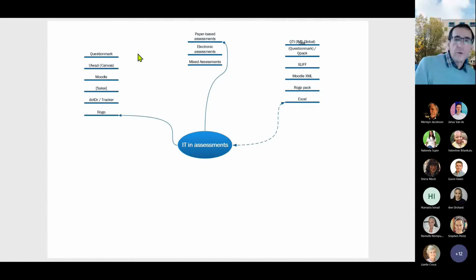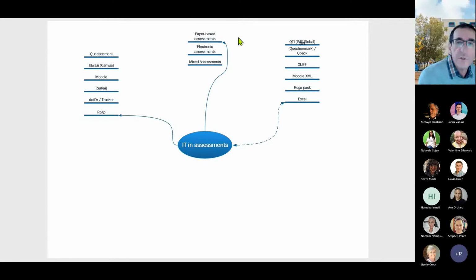However, if we look at the various other methods of assessment, you get the old-fashioned paper-based assessments, and IT comes into that role when you're looking at assessing the assessments itself, and possibly in the banking arena. And we're talking question banking arena, of course.